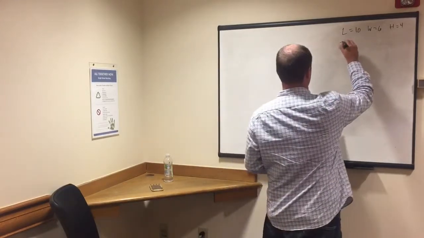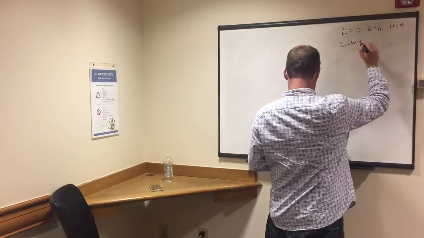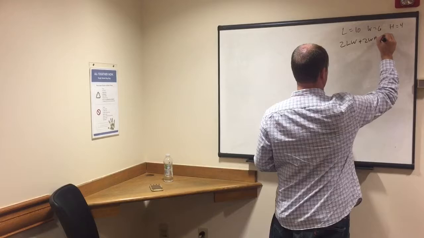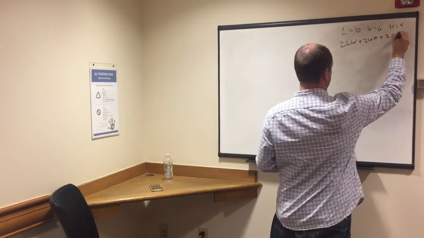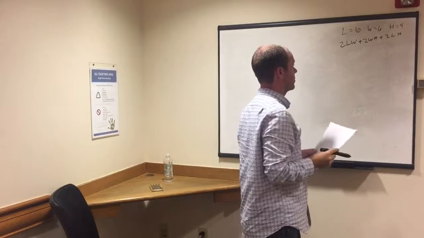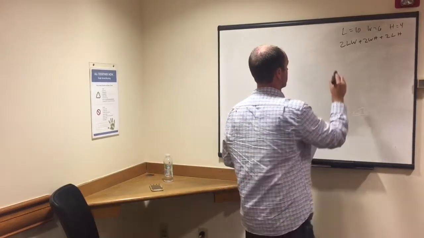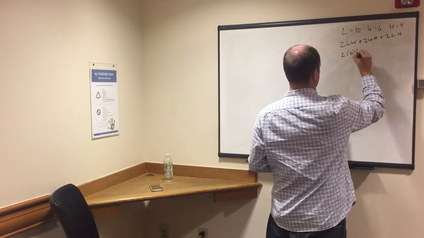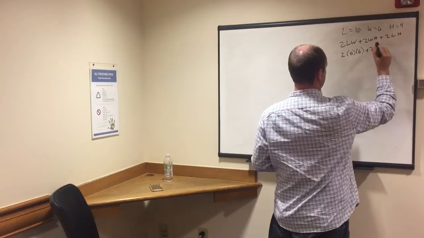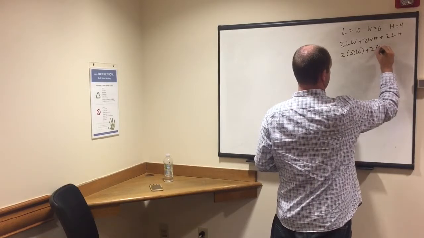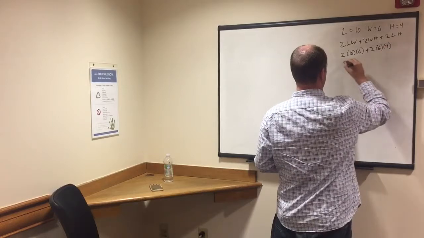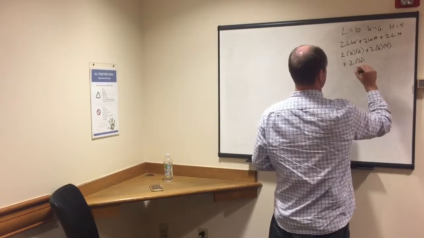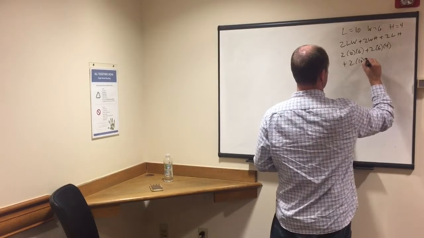Now we'll keep these numbers the same, and what if they ask us for surface area? Okay, formula here, we have 2 length times width plus 2 width times height plus 2 length times height, okay? And that's gonna be the formula for surface area. So we would just plug in here. 2 times length times width, 10 times 6, plus 2 width times height, 6 times 4, plus 2 times 10 times the height, which is 4.